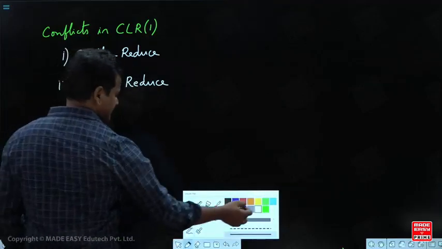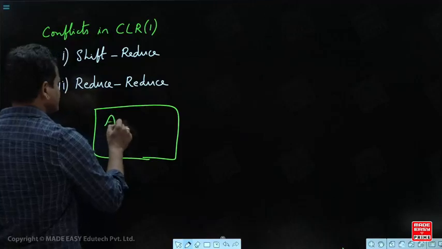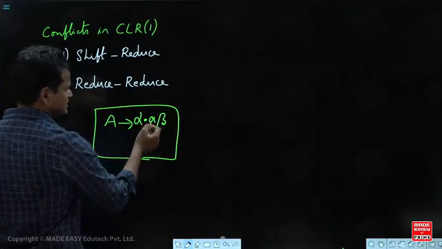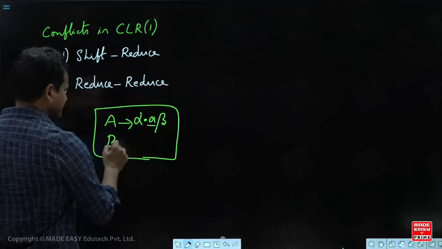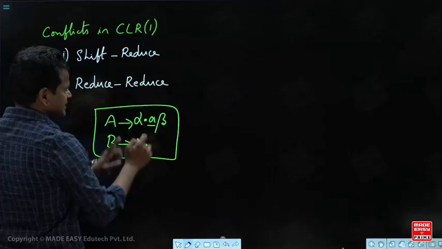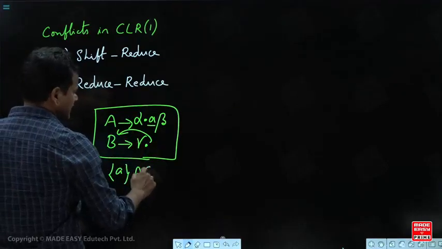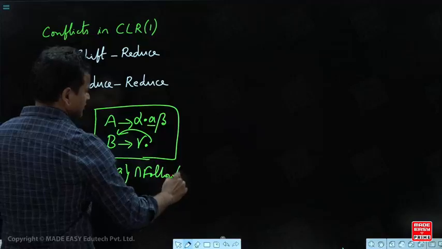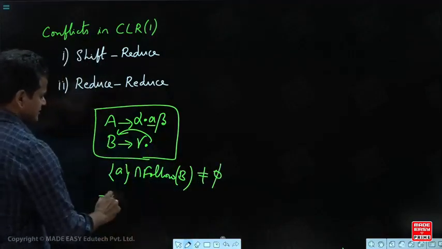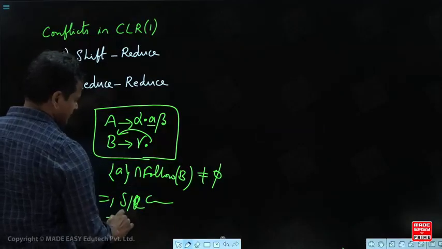Any state having one shift symbol terminal, meaning a dot before a terminal, and in the same state one final item, where the follow of the final item also has that terminal A. Suppose follow is also A because the shift symbol is A, then they have an intersection, meaning shift reduce conflict, not SLR of 1.